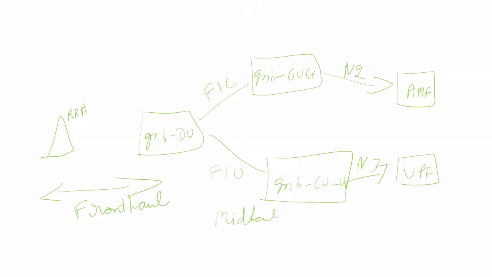This is called the midhaul, this is the backhaul, and this is the core. The core has various other components, but AMF and UPF are the important ones.